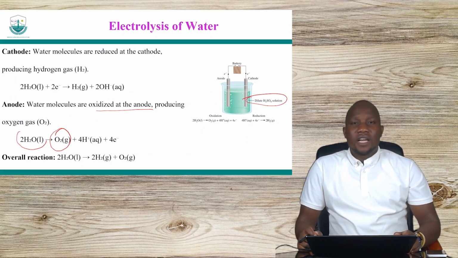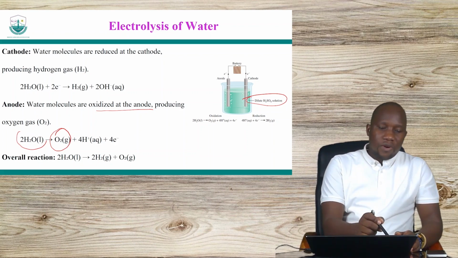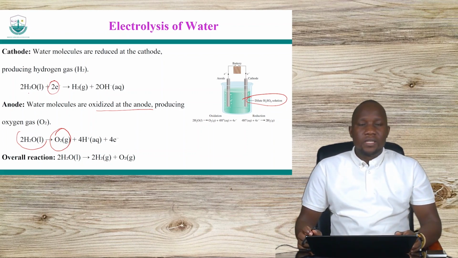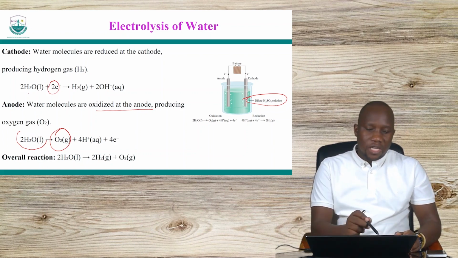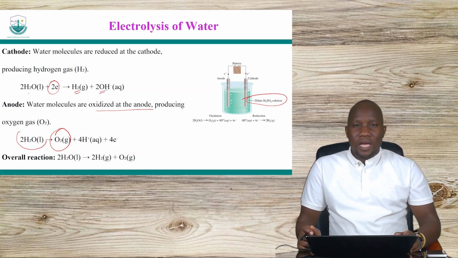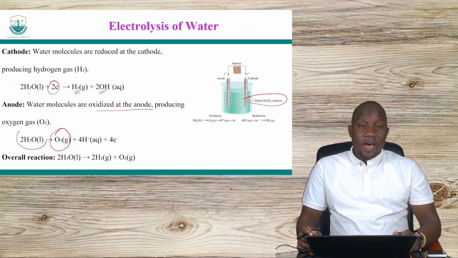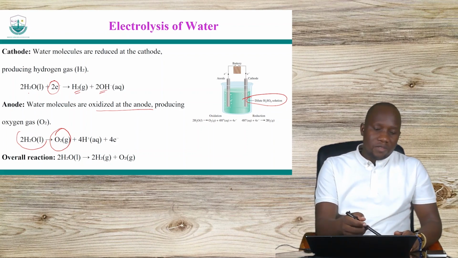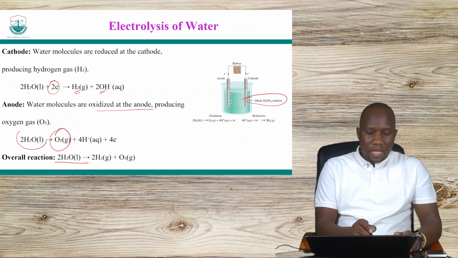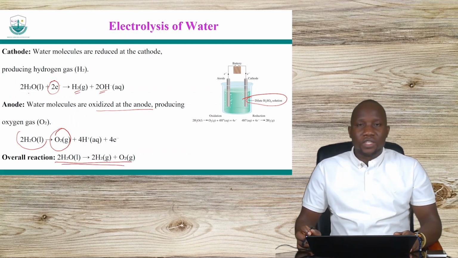And then at the cathode, you have reduction. In this case, you have addition of electrons to get hydrogen gas and the hydroxide ions being produced. If you combine the half reactions, you get the overall reaction.